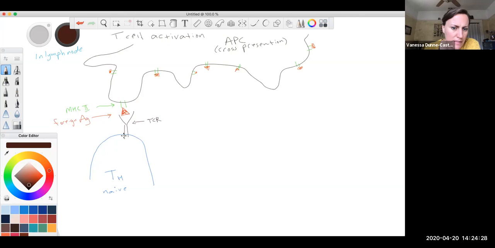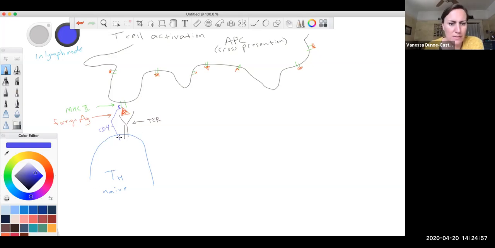And then we also have our CD4 co-receptor that interacts with MHC class 2.